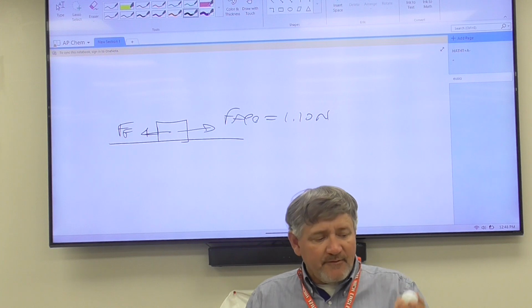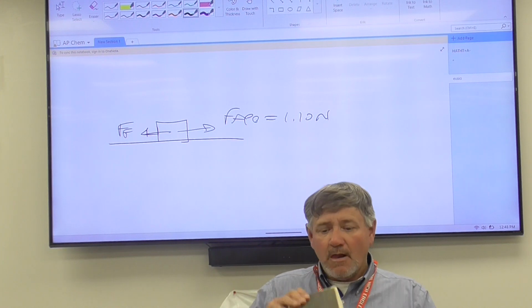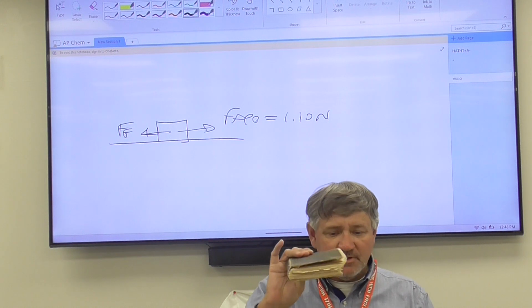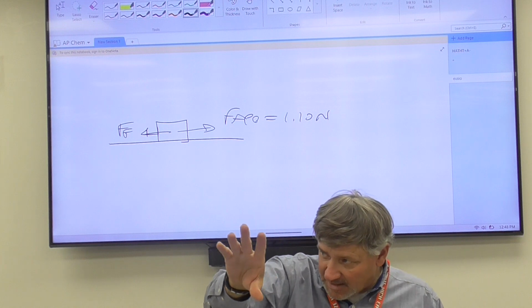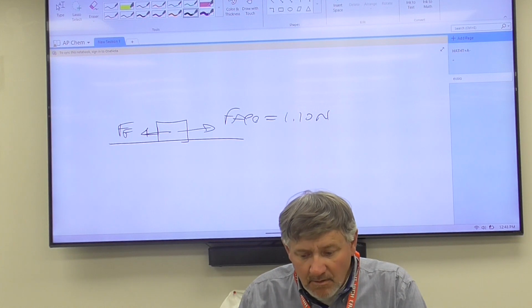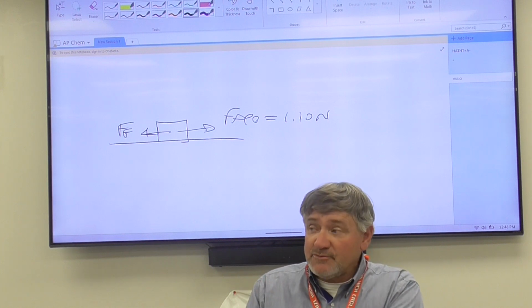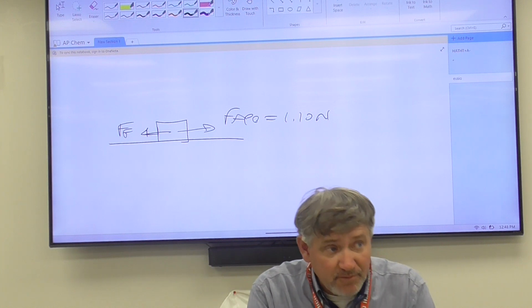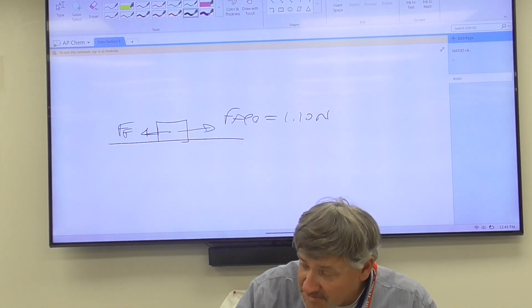So if I was in deep, deep space and I gave this book a push, it would just maintain that velocity. So that's the only situation. Do I have to apply a force to get the book to move? Absolutely. Do I have to keep applying the force to keep it moving?